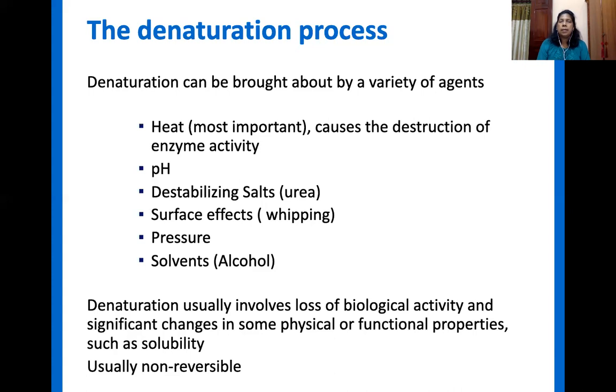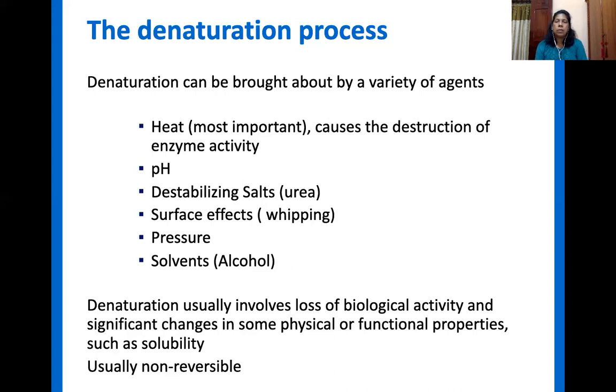The heat, most important, causes the destruction of enzyme activity. So the heat and the pH, destabilizing salts, urea, surface effects, whipping, pressure, solvents. Those are a few factors we discuss here, which can change the denatured protein structure.